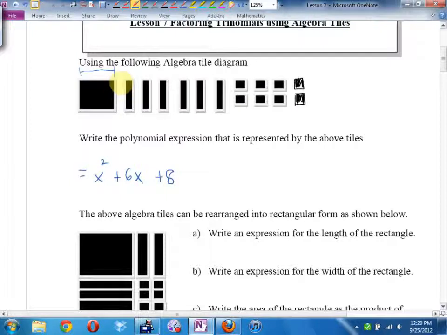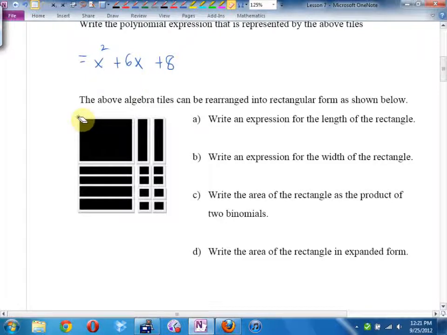Do you remember how long we said that was? X. How long was this side here? Do you remember? X. That's why the area was x squared. You with me? Don't write that down just yet. How long did we say this distance was? Not x. 1.